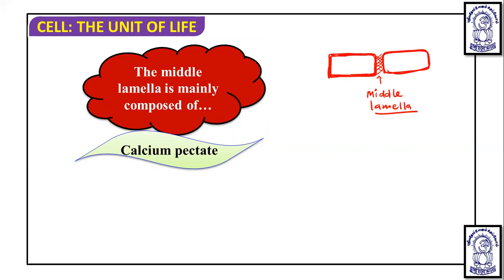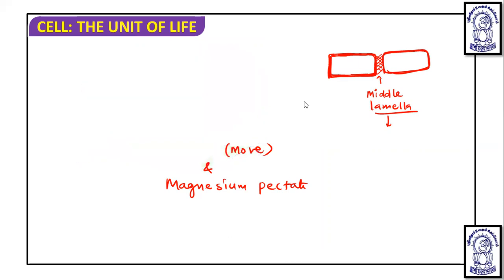This middle lamella is made up of calcium pectate and magnesium pectate, but the amount of calcium pectate is more. So this is present between the primary cell walls of adjacent cells.